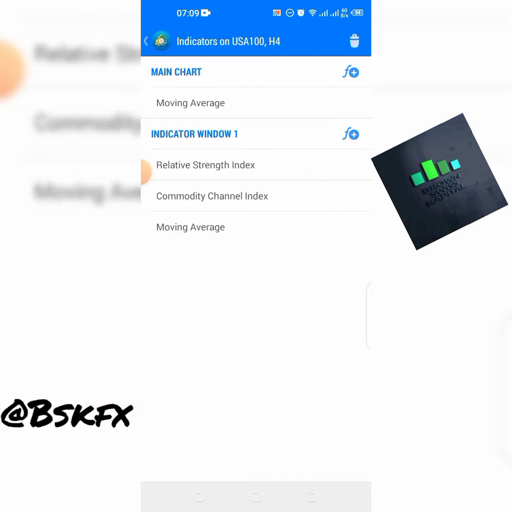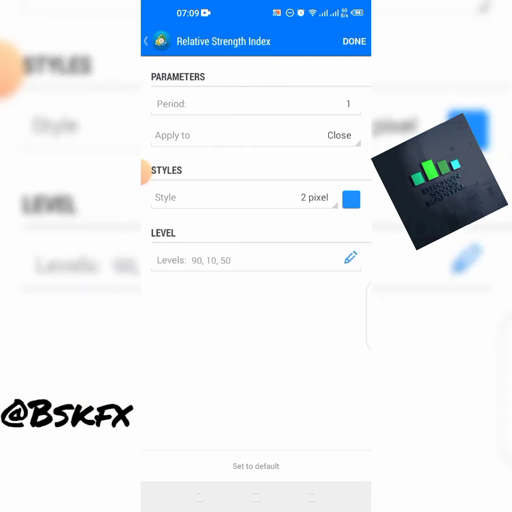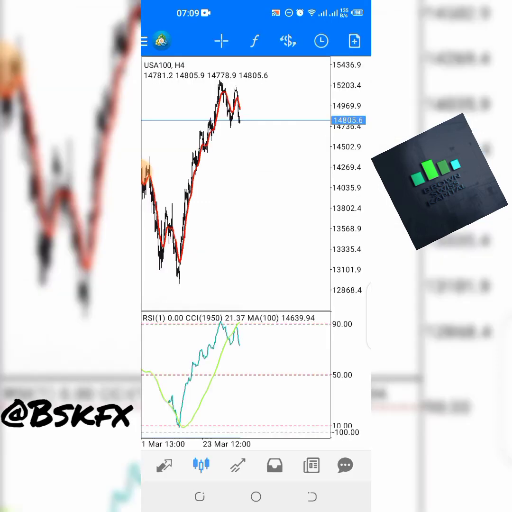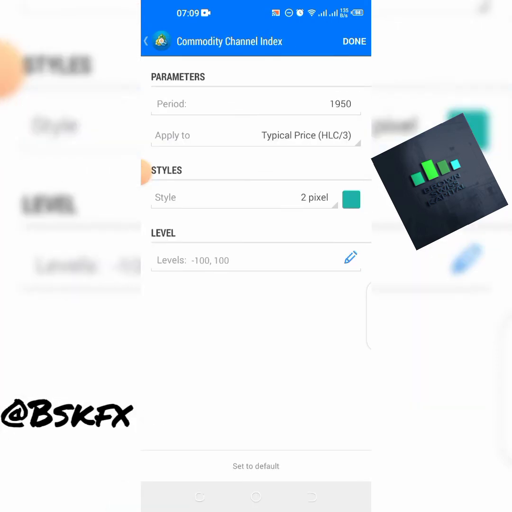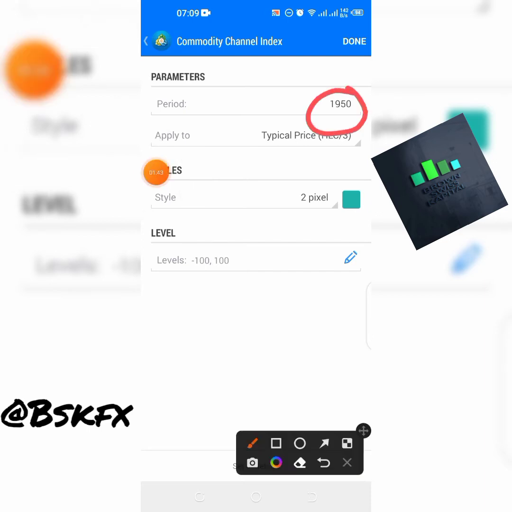So just quickly click on the indicator, then you can see the settings. RSI 1 period, the levels 90, 10, 50. CCI 1950. Initially it was 1800, so you can try around yourself.